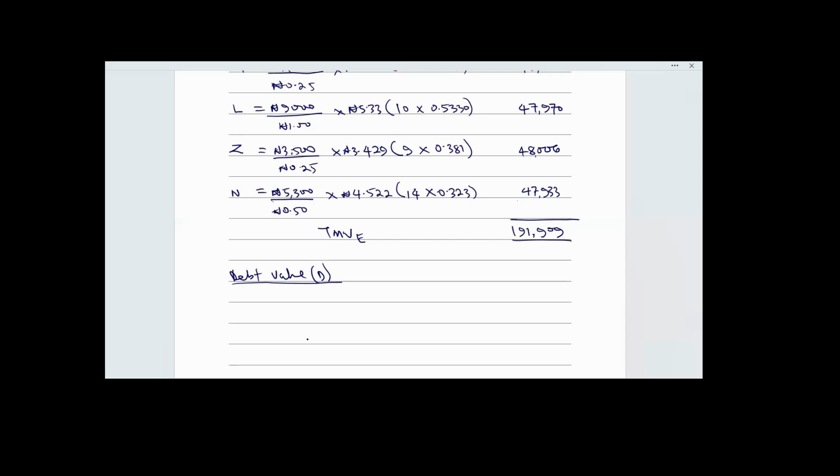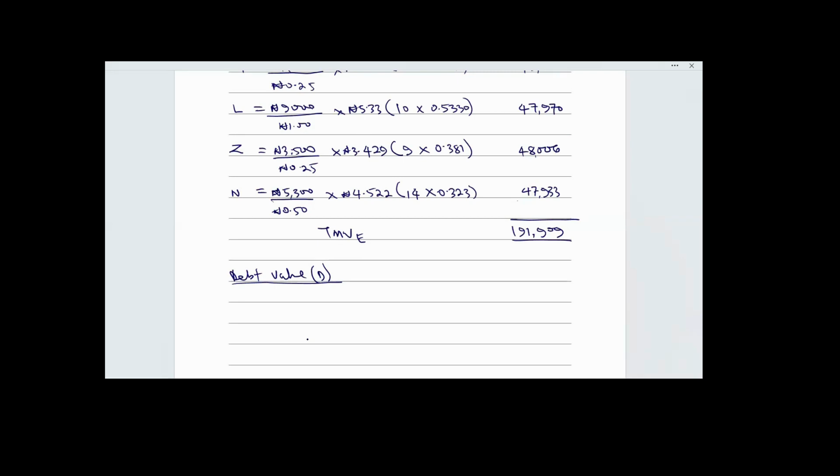Remember in our previous classes, I mentioned that there are two types of debts. We have traded debts, we also have non-traded debts. The traded debts are those fixed income securities that can be bought or sold in an organized financial market. Examples include debenture as well as loan notes.